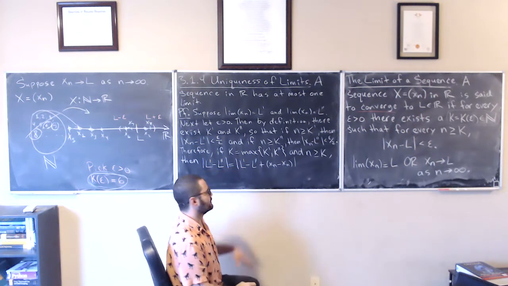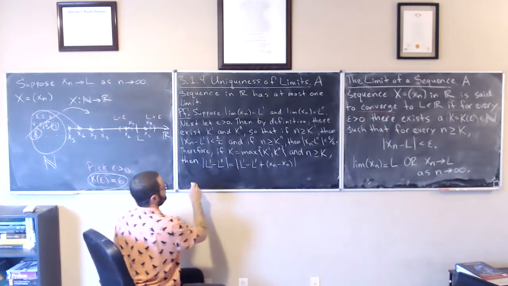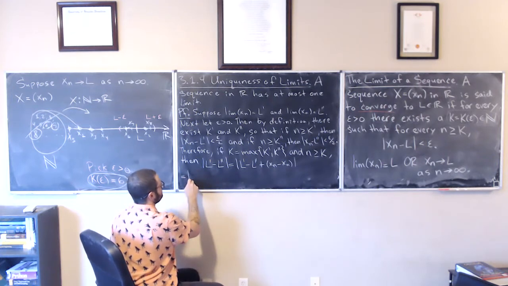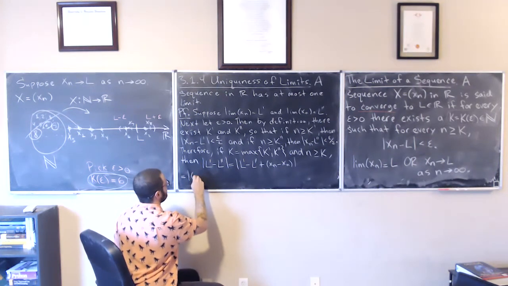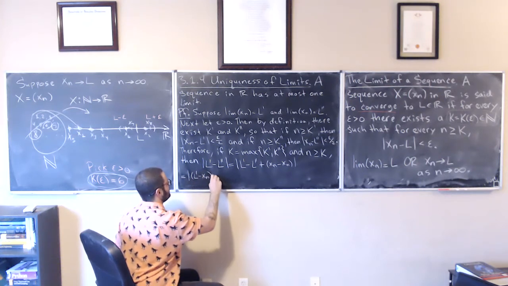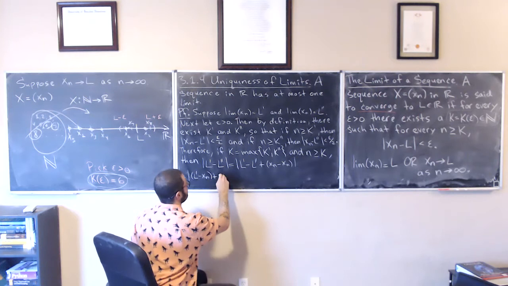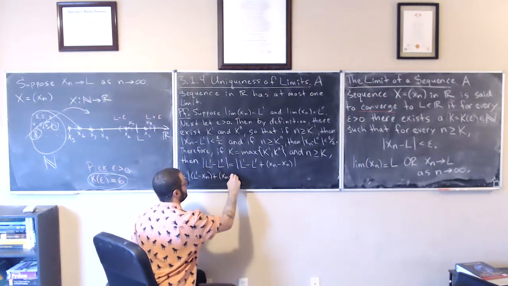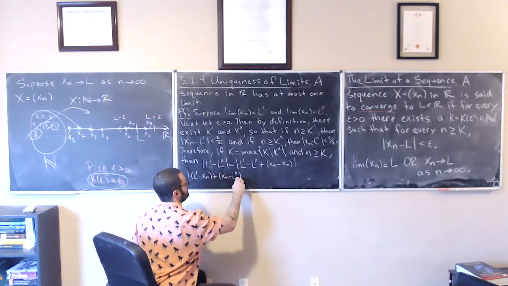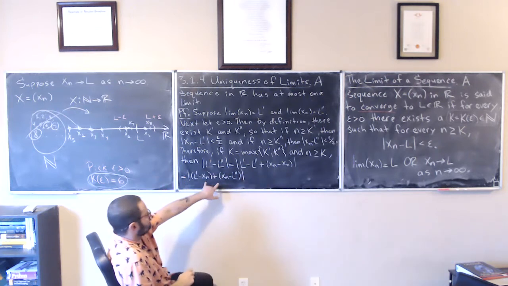I just added 0. And that's equal to L prime minus xn plus xn minus L double prime. I just grouped them, right?